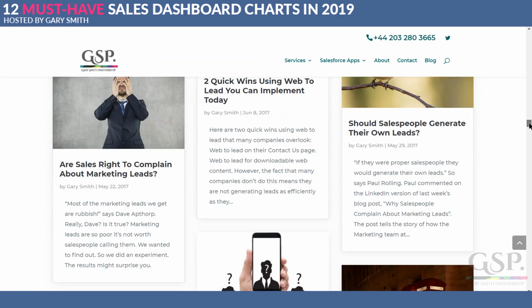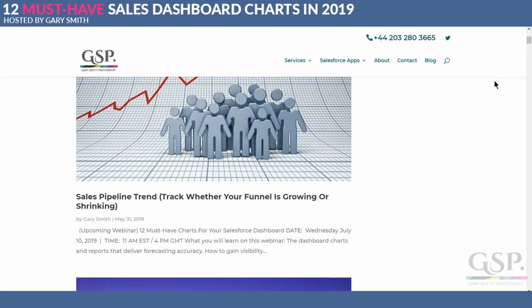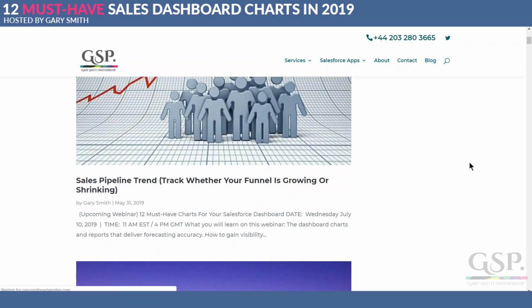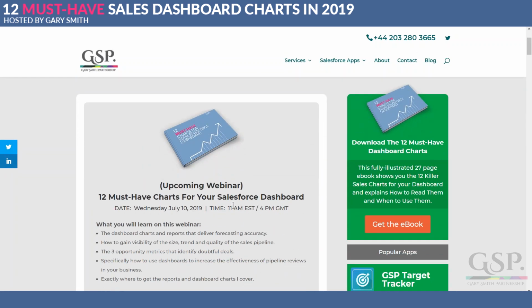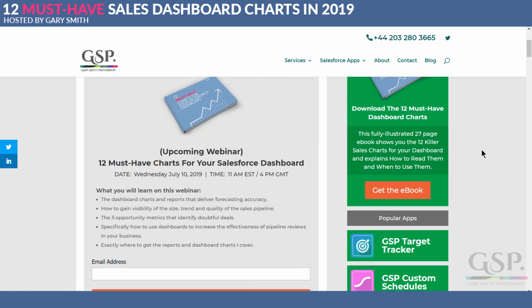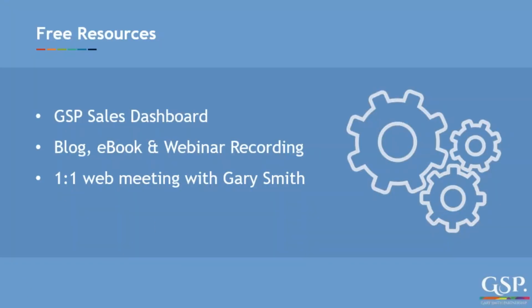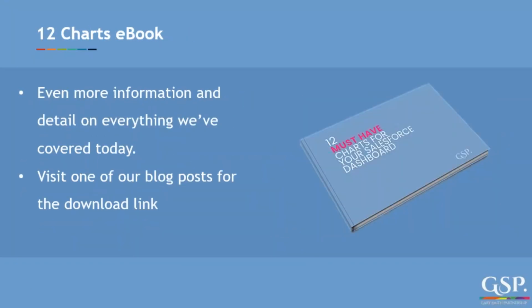Go to any of those blog posts, and on the right-hand side, we'll obviously be taking this call to action off for the webinar shortly, but on the right-hand side of the blog post, get the ebook. All you've got to do is type in your email, and you can get the dashboard and the ebook that we looked at. So that's the dashboard, and that's the ebook and charts that we talked about.